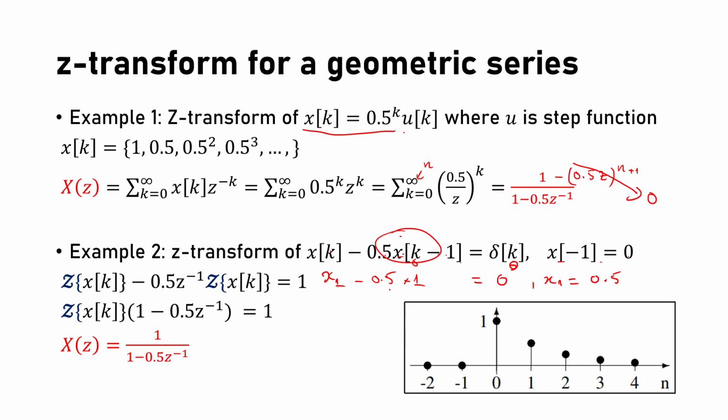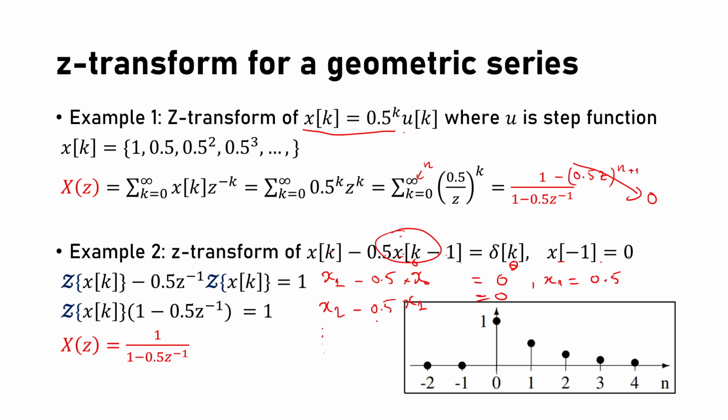So h1 equals 0.5 of h0, and then h2 equals 0.5 of h1, plus 0, because this one is always 0, right? Except when k equal to 0.